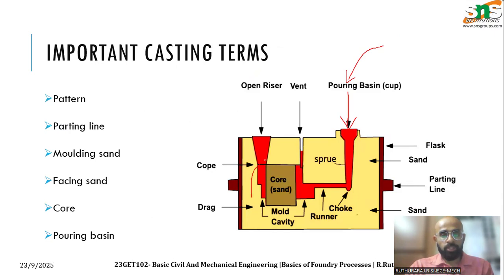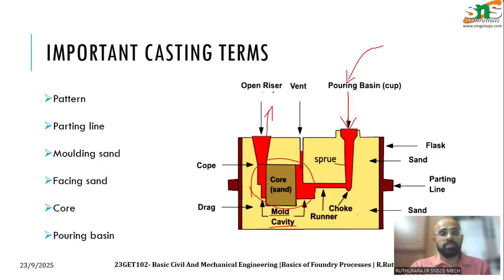It will get into the actual part. This is the actual part I need, and this is called the mold cavity. When I pour molten metal, it gets inside, flows here and gets to the mold cavity. Once the mold cavity is completely filled, it will rise up through this.